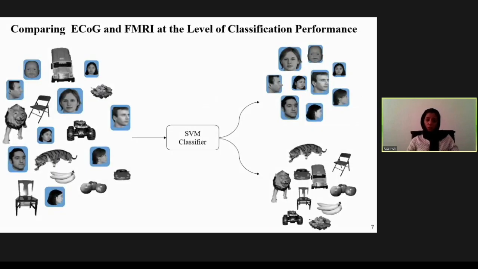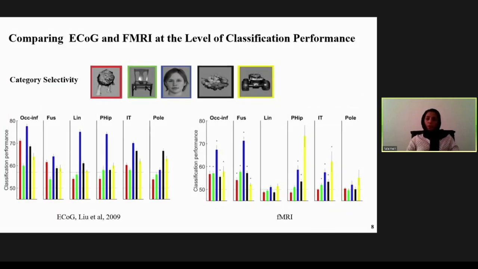Then, for each subject and each region, we extracted condition-specific voxel activity patterns. These are the inputs for the SVM classifier to examine the category selectivity and the robustness to the scale and orientation changes in these regions. The results for ECoG and fMRI data are shown here.